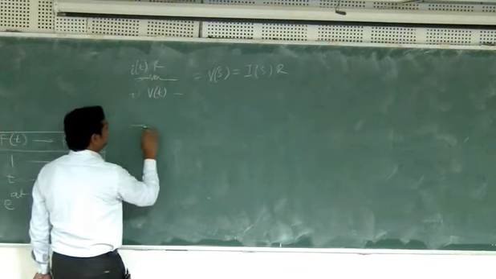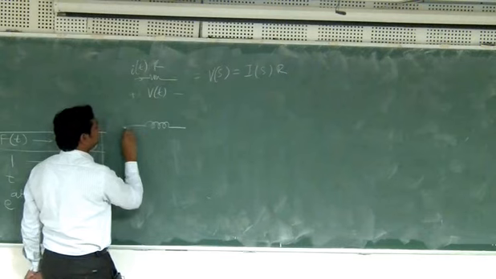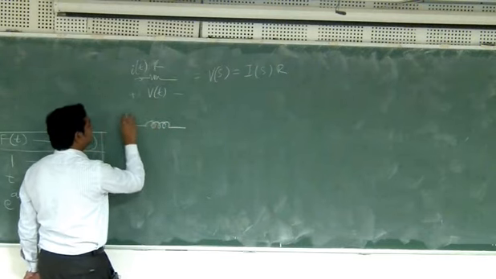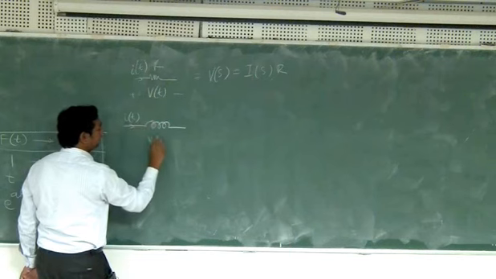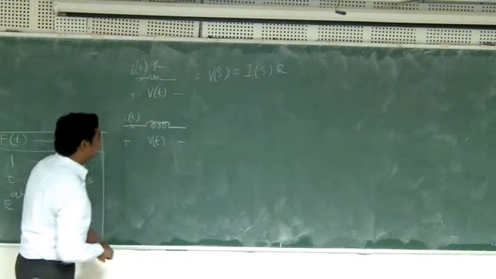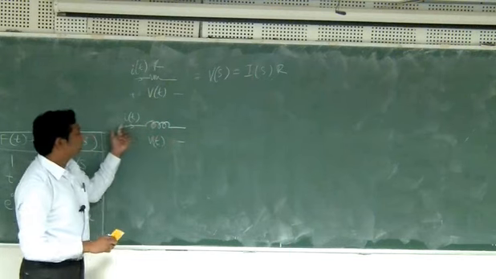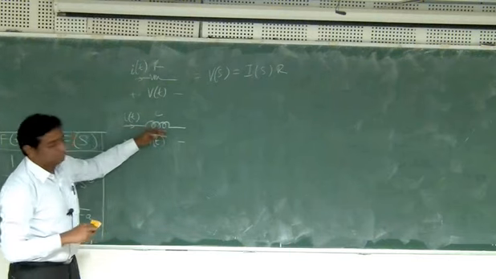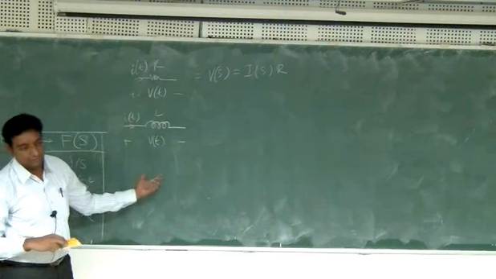So if you have inductor, then what happens? So the relation between I of t and V of t, so this is the voltage I am applying, therefore some current is flowing, or this is the current I am applying, so some voltage is appearing.